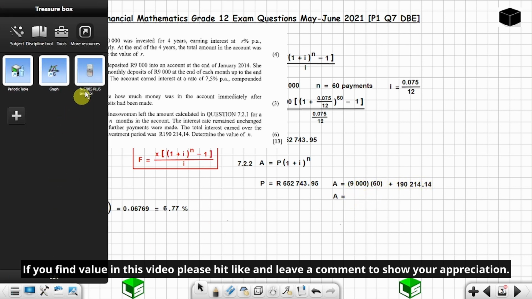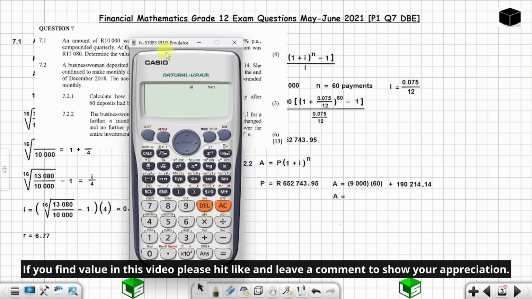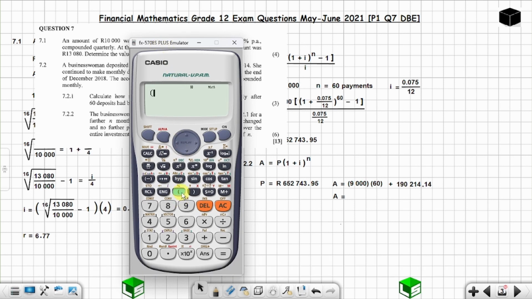Let's see, I'm going to use my emulator. You can pause the video and try to use your calculator. So I have 9,000 times 60 plus this. I've got this. Okay, this is what I have. So this is your A, the final amount.